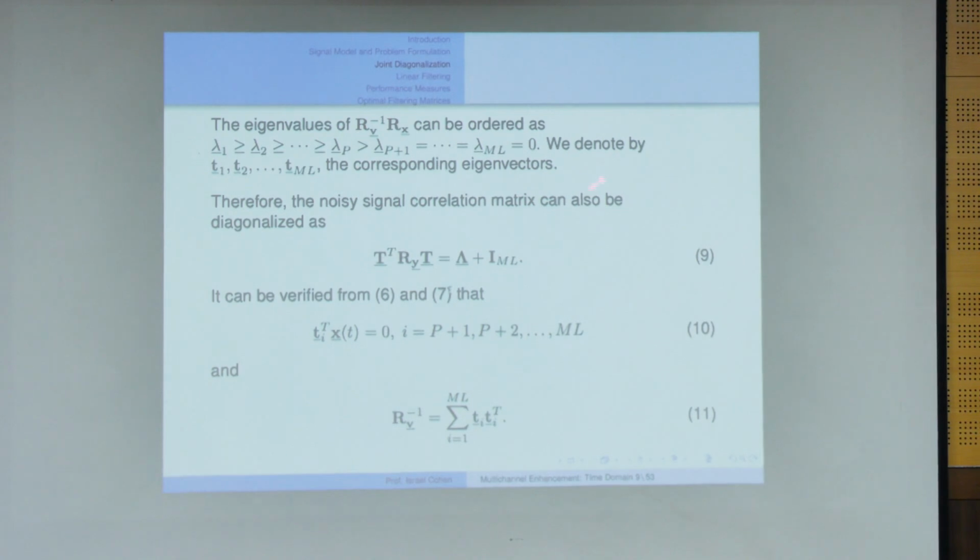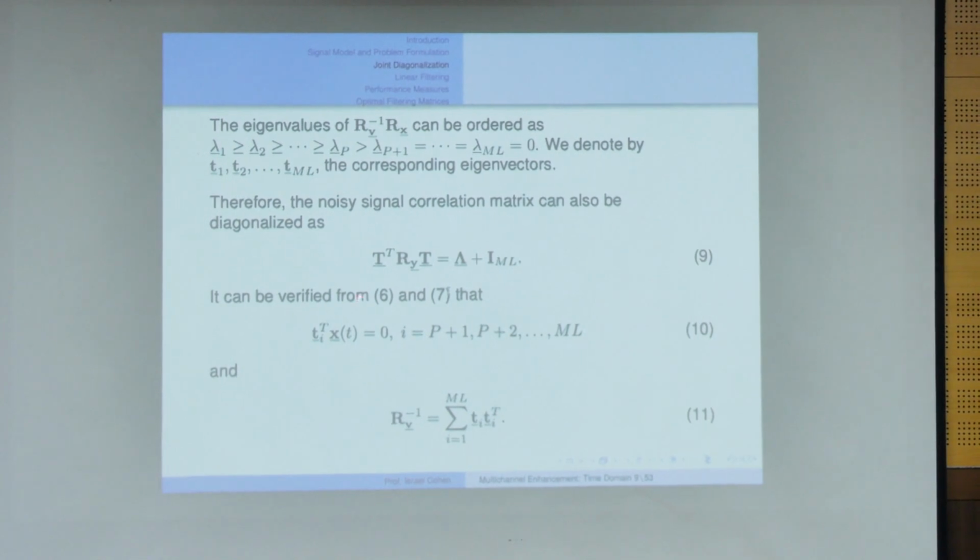Which means that, just like what we did with the derivation of the MVDR filter, if we have measurements and we project them into the subspace of the first P eigenvectors, and we don't touch them, and we remove the noise present in the noise-only space, which is spanned by the P plus 1 to ML eigenvectors, we can remove noise without any distortion.